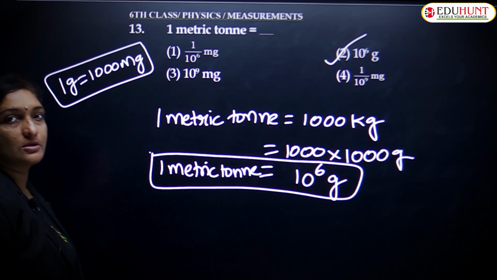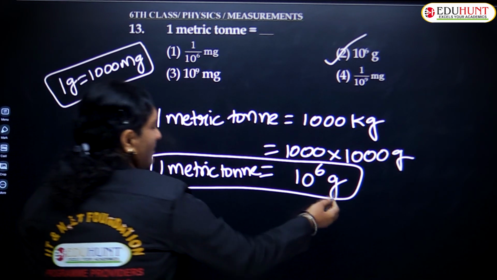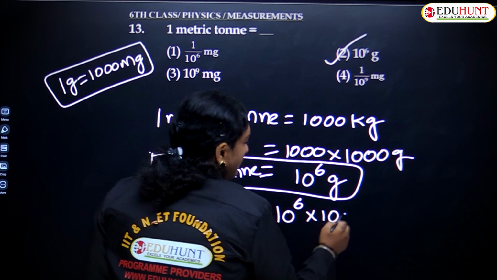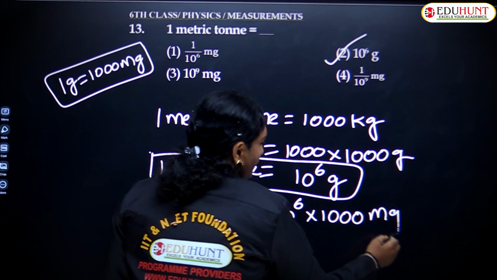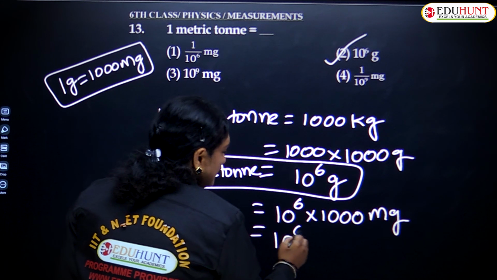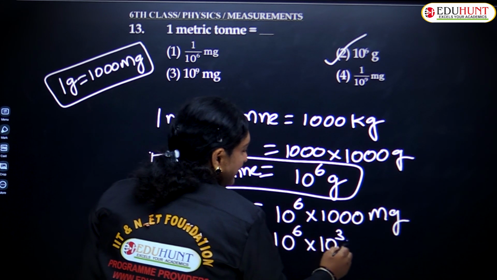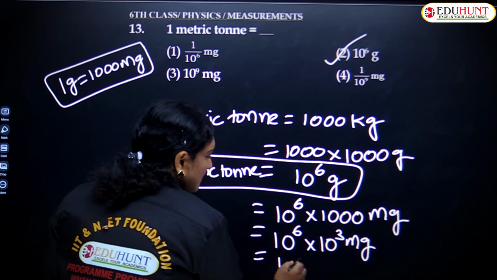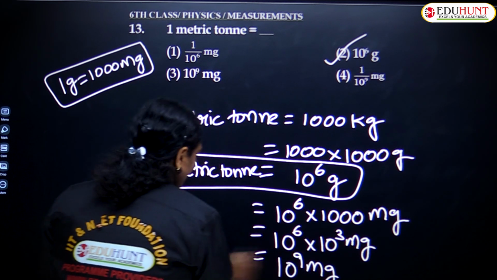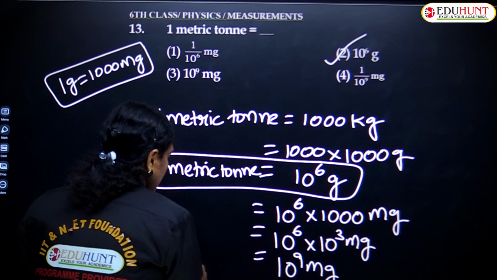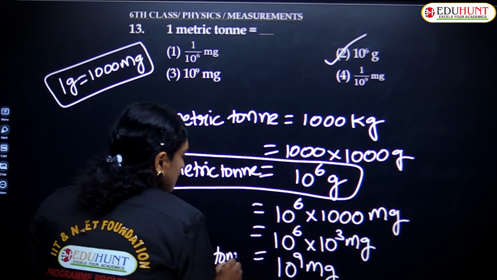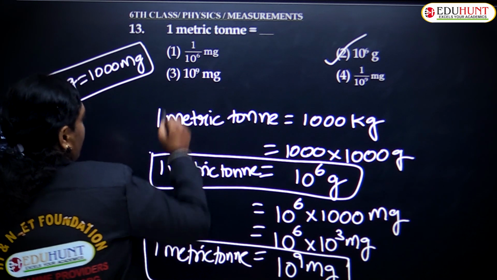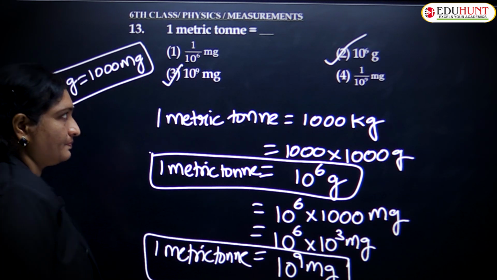So instead of gram, I will write 10 power 6 into 1000 milligram. This is nothing but 10 power 6 into 10 power 3 milligram. So 6 and 3, totally how much? 10 power 9 milligram. So 1 metric ton is also equal to 10 power 9 milligrams. So this is also true.